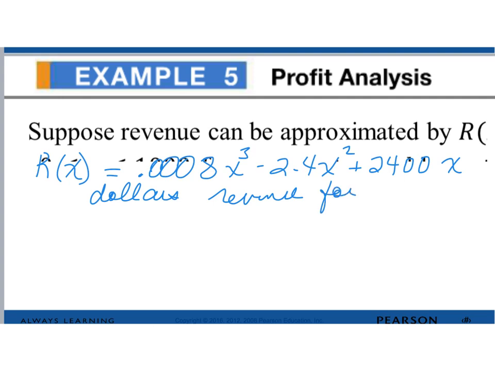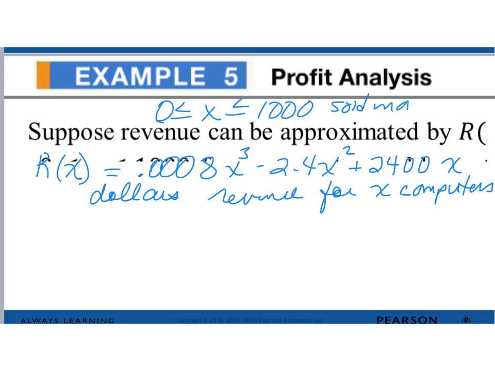And of course that is going to be the same as what our original domain was, which was with x going from 0 to 1,000, sold monthly. We want to find the intervals when the profit is increasing.